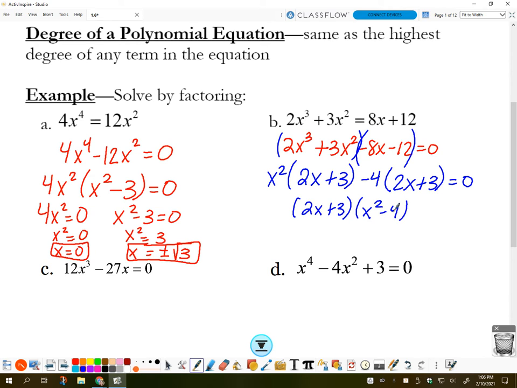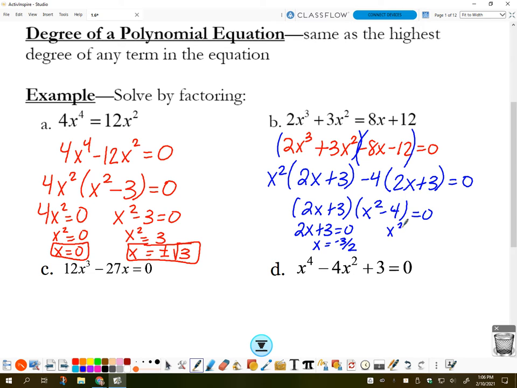Now, if you were told to factor completely, there would be a step of factoring this, but we're solving, and we know how to solve this if we set it equal to 0. So we can skip the factor some more part. All right, from here, I'm running out of room, so I'm going to subtract 3, divide by 2, and get negative 3 halves as that solution.